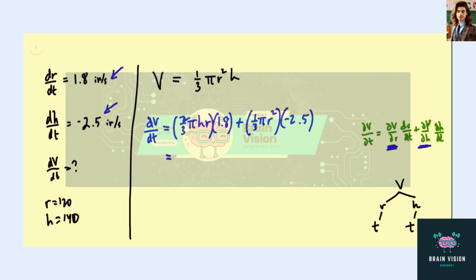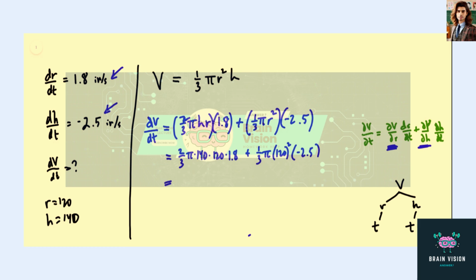We'll just need to plug in values of h and r. So we end up with 2/3 times pi times 140 times 120, all times 1.8, plus 1/3 pi times 120 squared times minus 2.5.